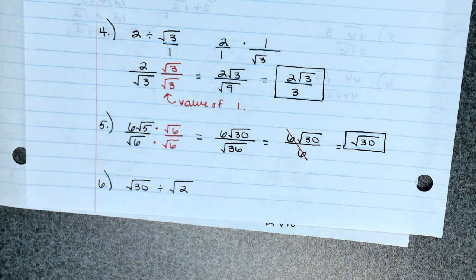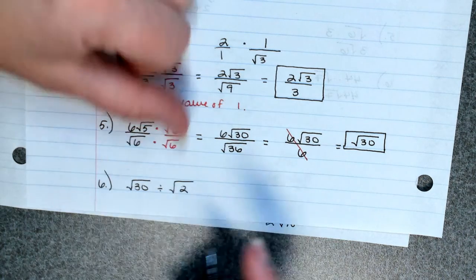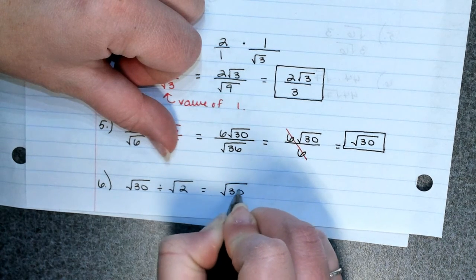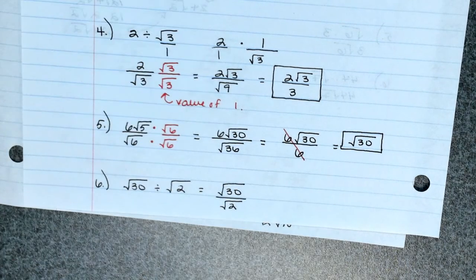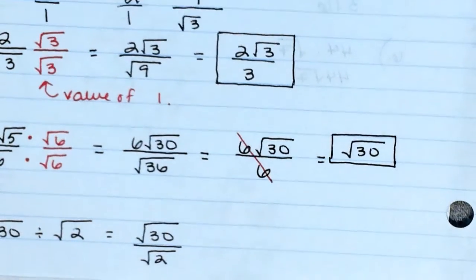What's the first thing I'm going to do? Do I like a division sign? Nope. Heck no, not us mathematicians. We don't. So I'm going to write this as the square root of 30 divided by the square root of 2. What should I do?